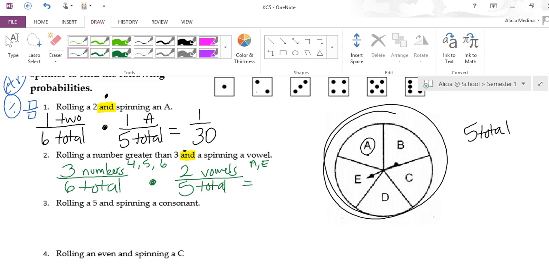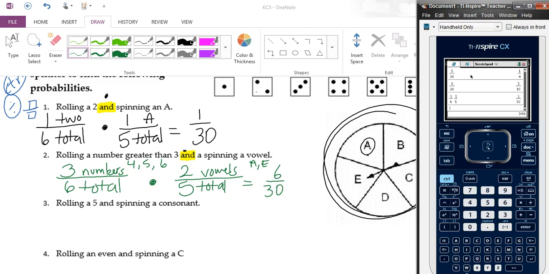Alright, now if you want to multiply fractions by hand, you can also do that, or you can use your calculator. It'll already simplify it for you. So if I did 3 times 2, that would give me 6, and 6 times 5 would give me 30. Now the thing is, when you multiply by hand, you have to make sure you simplify. So you could do one of 2 things.